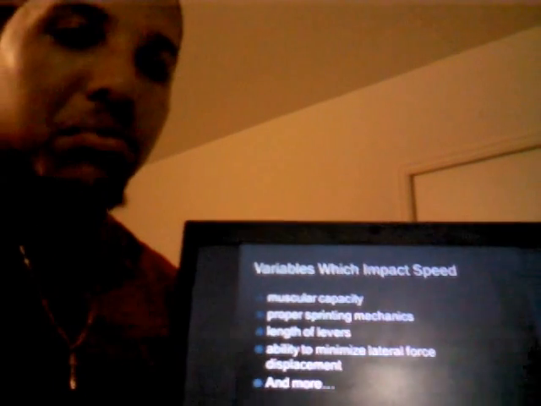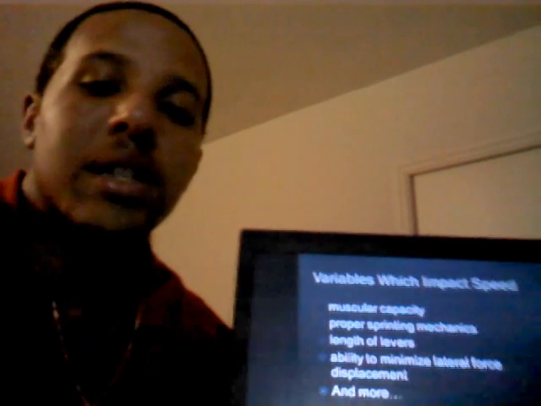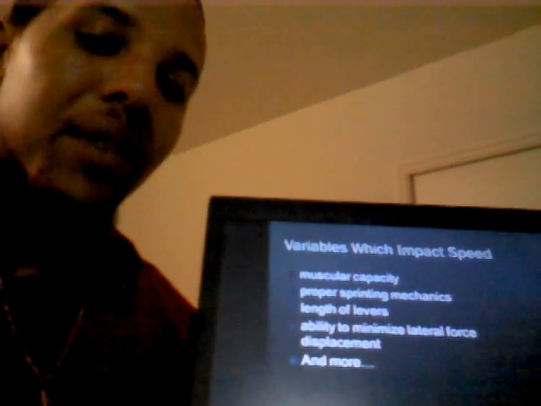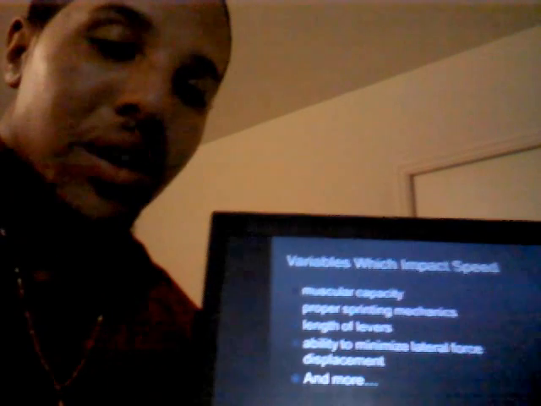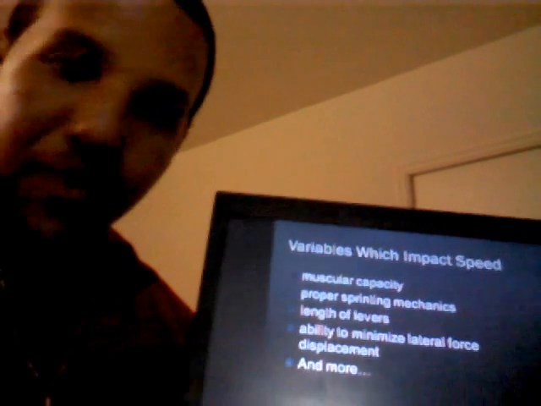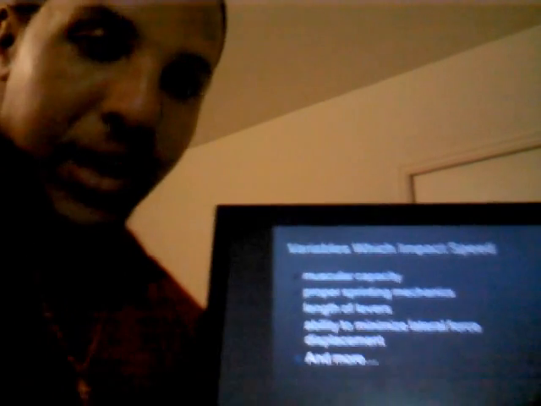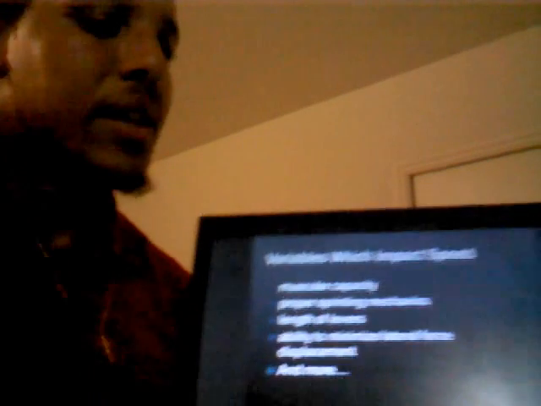There's somebody's ability to limit their lateral displacement. Also, even something like length of levers and the proportion to one another, such as your femur to your tibia, could even influence, at least slightly, somebody's capacity to run very fast.